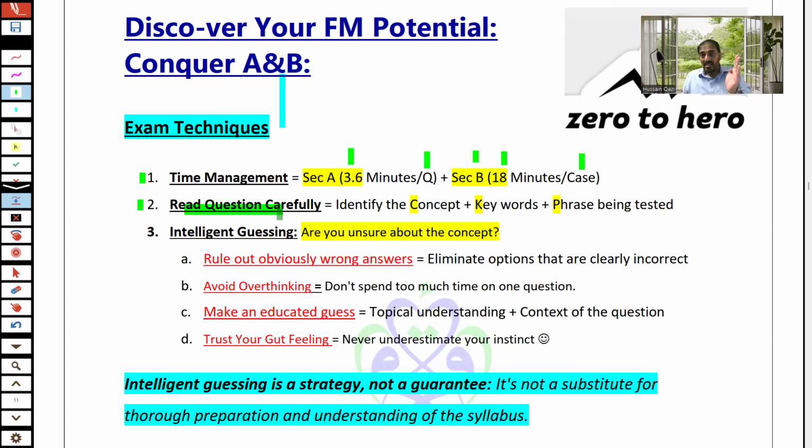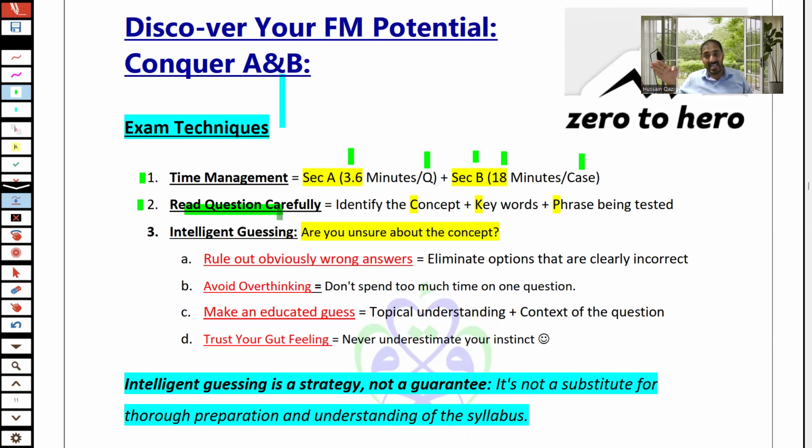For example, if the examiner asks a question about future contracts, and it is about the theoretical aspects, first identify the concept. That means the question is about financial derivatives and future contracts. That is the concept being tested here. What are the keywords?